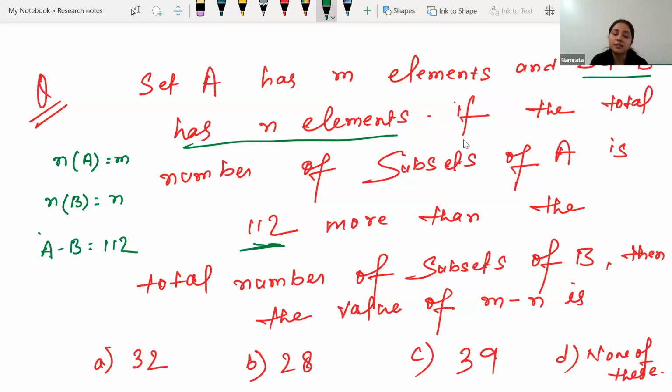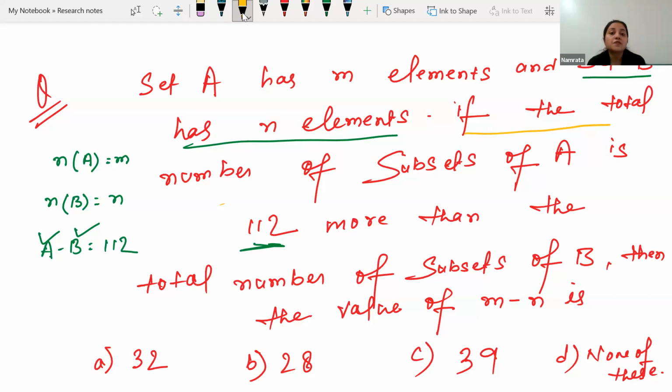Let's give a careful observation to this statement. The total number of subsets of A means it is talking about the power set. Yes or no? Yes, ma'am.